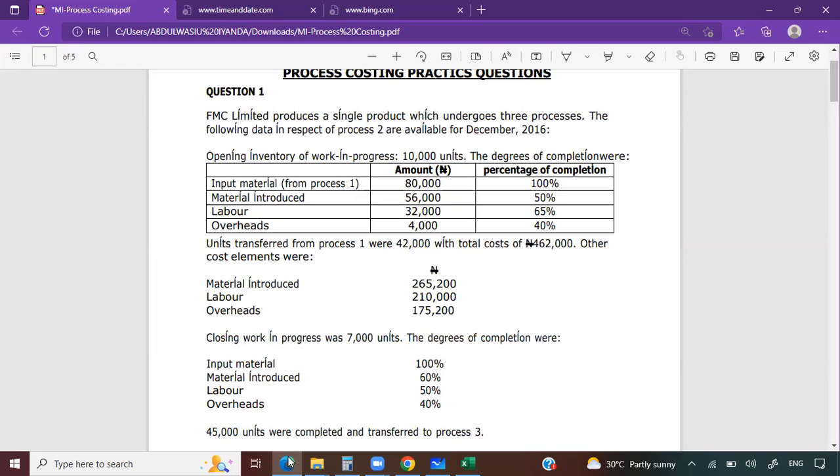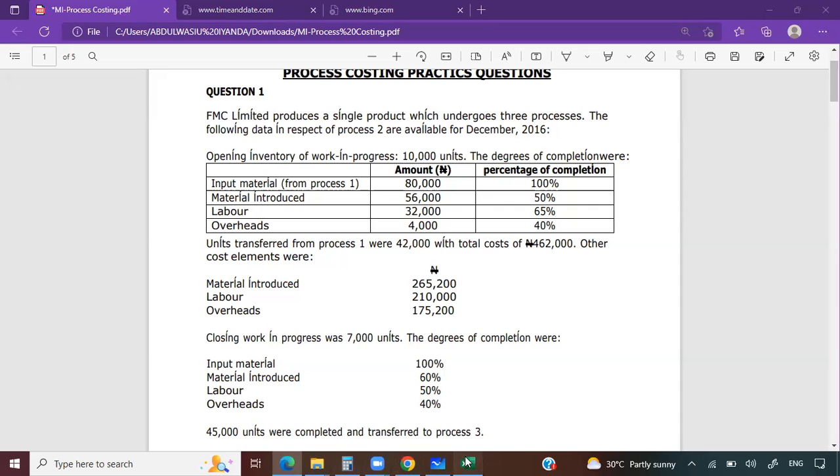Look at the key ideas of this. You can remember what we have been doing so far is there's no work in progress. And once there's work in progress, let's have that at the back of our mind. We need to calculate equivalent units. So now we started with this.